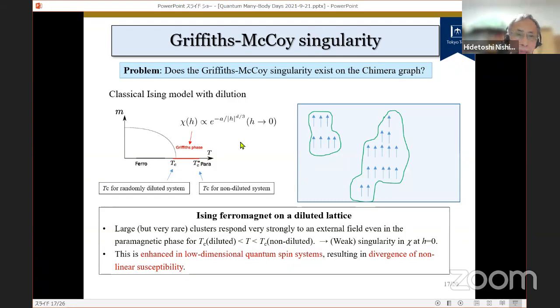So although there does not exist spontaneous magnetization here, in this sense it is paramagnetic, but the system shows a very peculiar singularity.